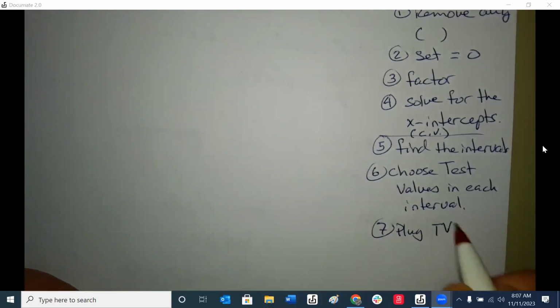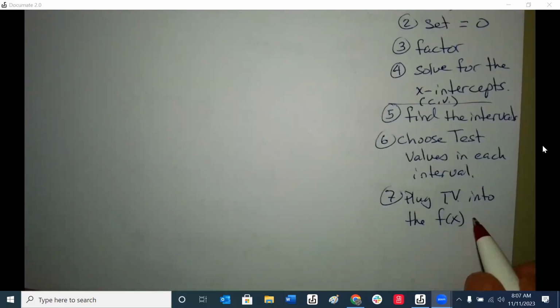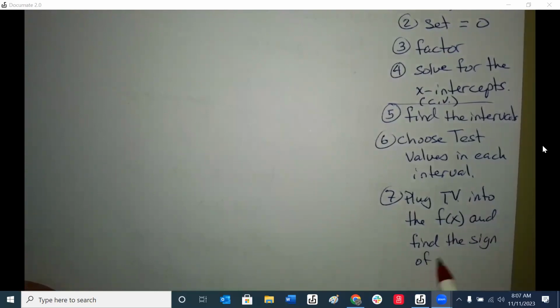Plug the test value into the function. And find the sign of the answer.